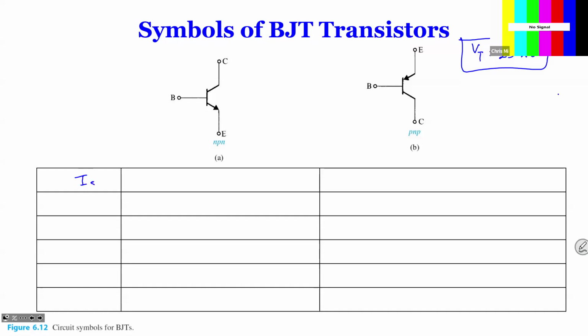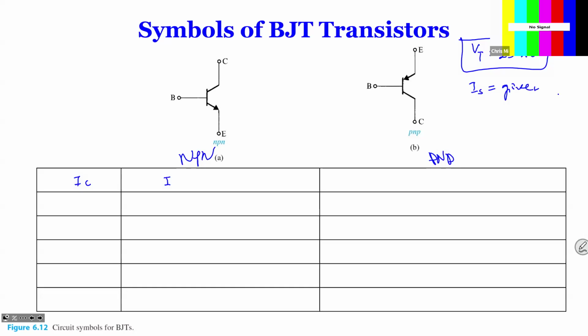So IS for N type, so this is N type, right? And this is P type, or NPN. Sometimes we call it ICS. IS is something usually given.